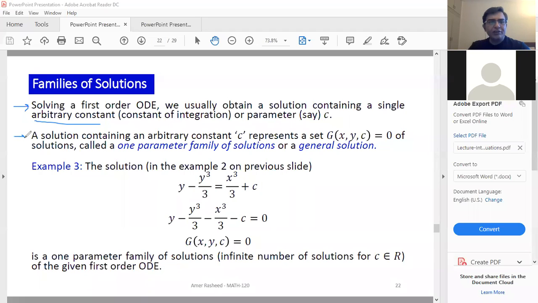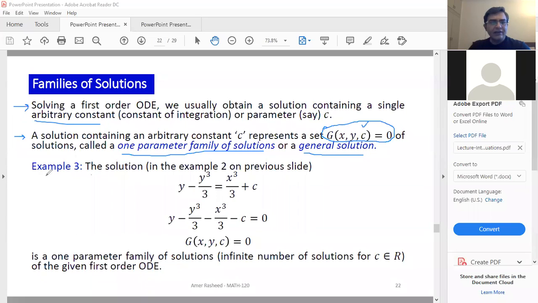A solution which contains an arbitrary constant C, we can represent in this form: G of x, y, c, because the solution is a function of x and y, and there is one constant. The set of all solutions, which contains only one parameter, is called a one parameter family of solutions, or we call it the general solution.